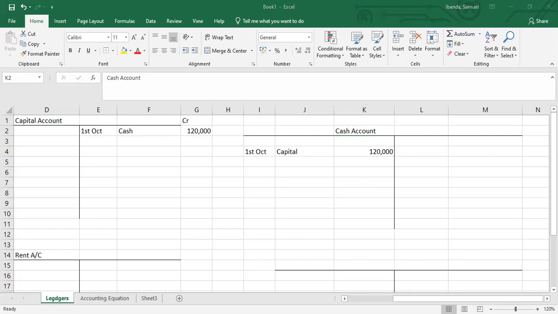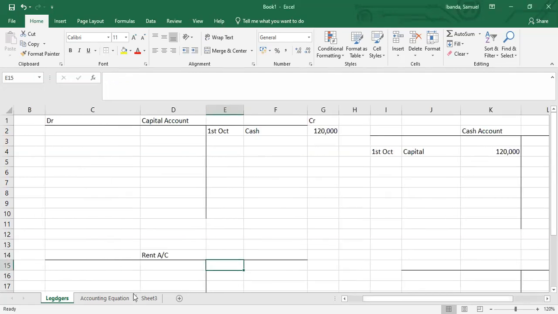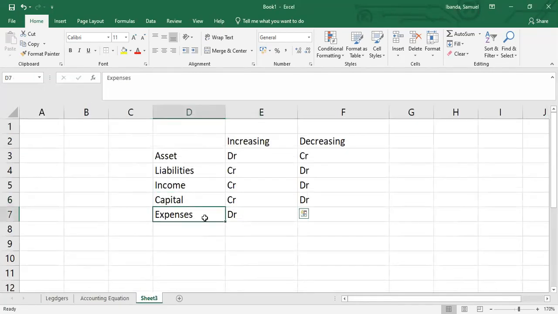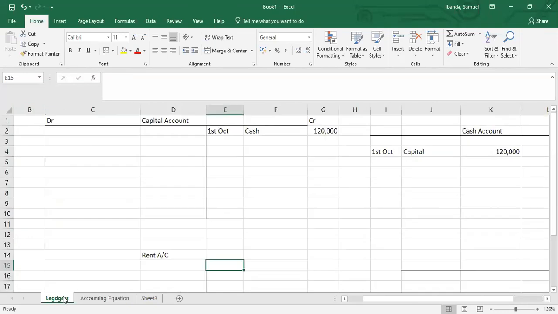So the transaction is saying paid rent for the month of October, UGX 12,800. When expenses are increasing, you remember, we debit them, because rent is increasing. So I'm going to come here and put my date, which is 2nd October.